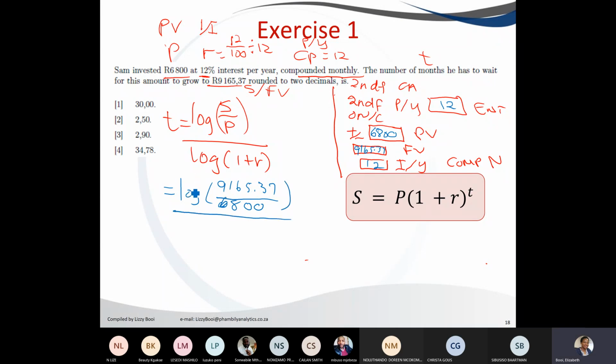Divide everything by the log of 1 plus our rate. Did you calculate the rate, which is 12 divided by 100? 12 divided by 100, which is 0.12, divided by 12, which is 0.01.